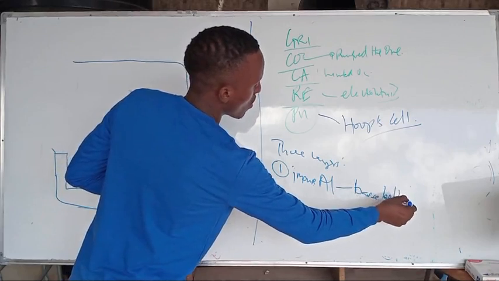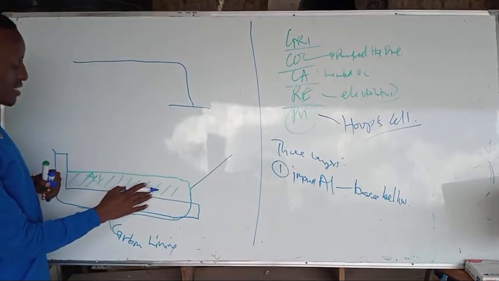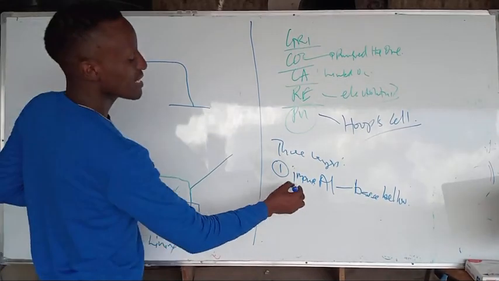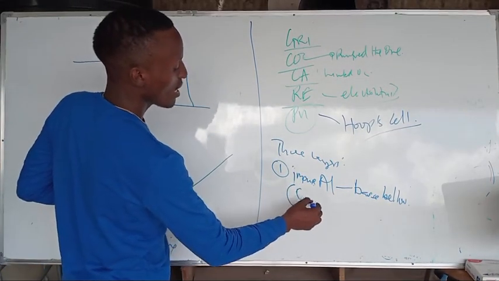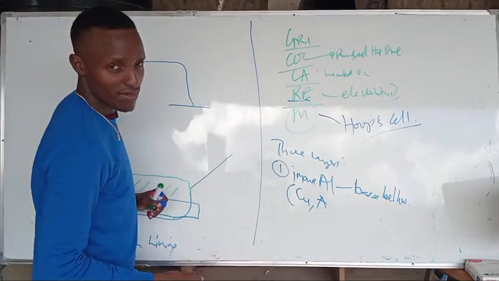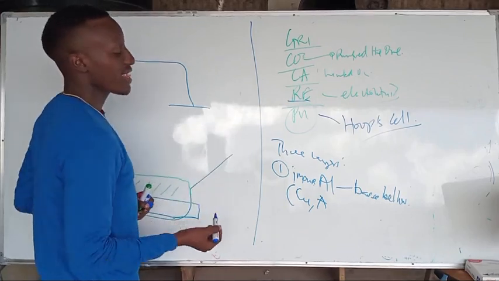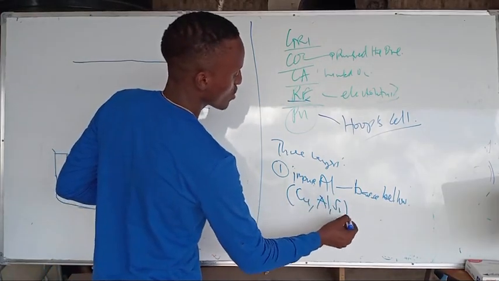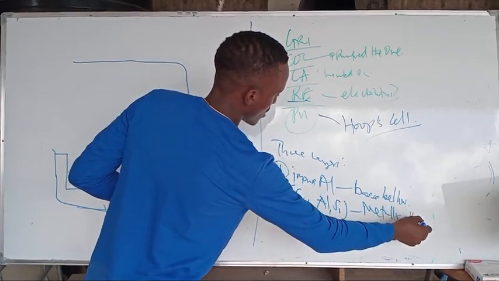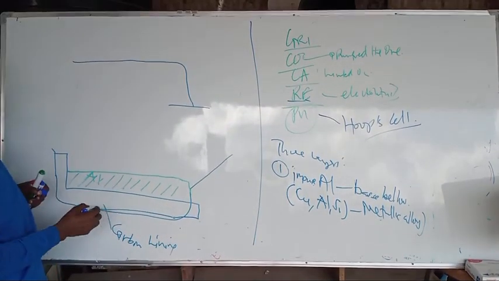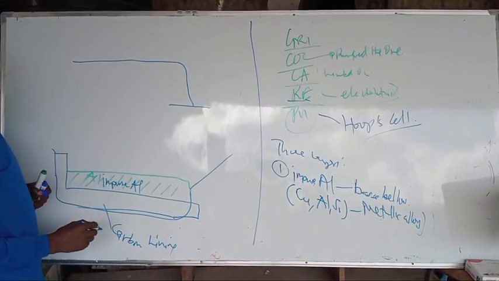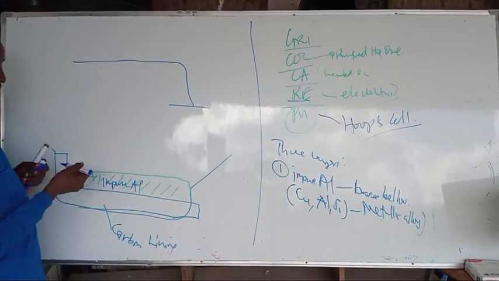So this is impure, and it occurs as a metallic alloy of copper, aluminium itself, the impure aluminium from the reduction process, from the Hoope's cell, and then with the silicon. So it occurs as a metallic alloy here. So it's impure aluminium. Then we have the second layer.